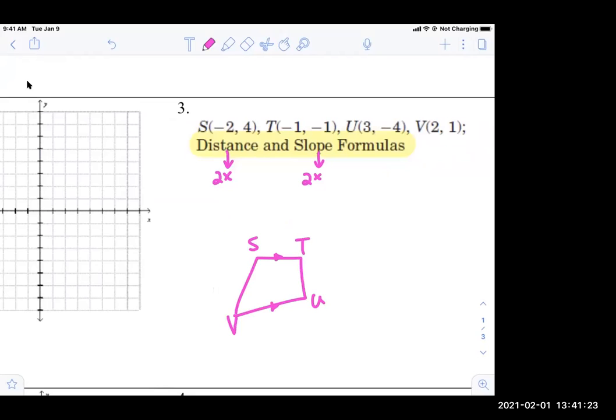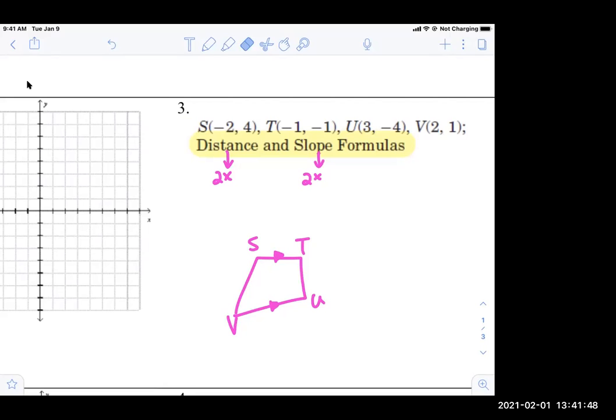If you do slope here and get parallel, and you do distance here and get congruent, that doesn't prove that it's a parallelogram. Once you do 2 distances, 2 slopes, where do you do the 2 distances? On the same pair of sides, okay?